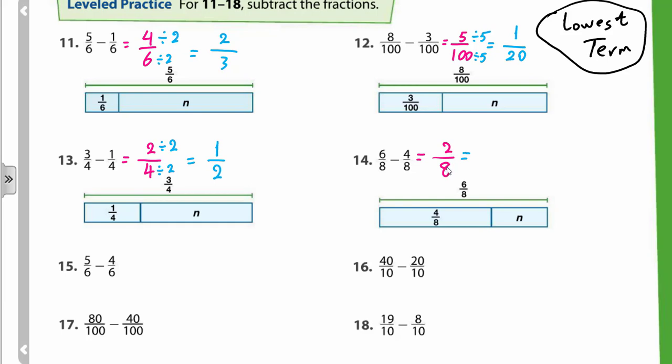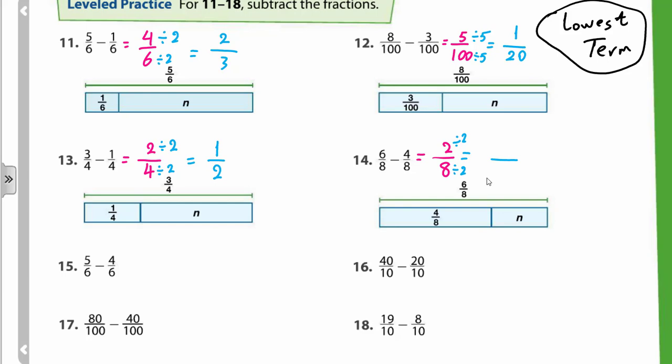Can you divide 8 by 2? So we think of the smaller number of the numerator and the denominator. Yes, I can divide by 2. So I will divide both numerator and denominator by 2.